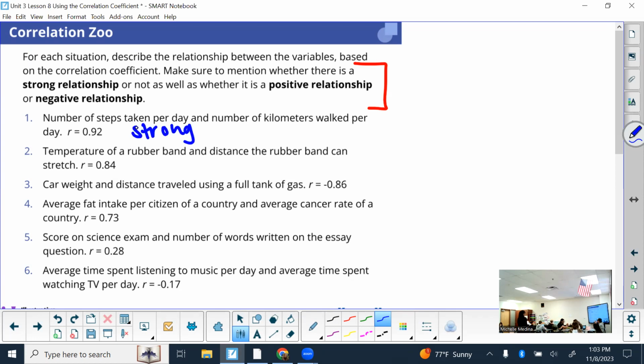Strong, and then you have to mention whether it's positive or negative. Positive. You guys agree? Yeah.